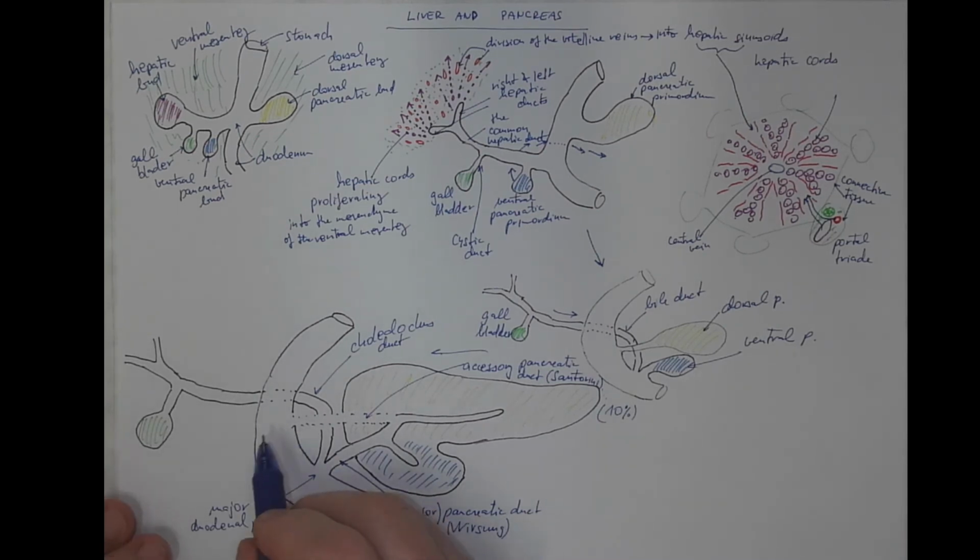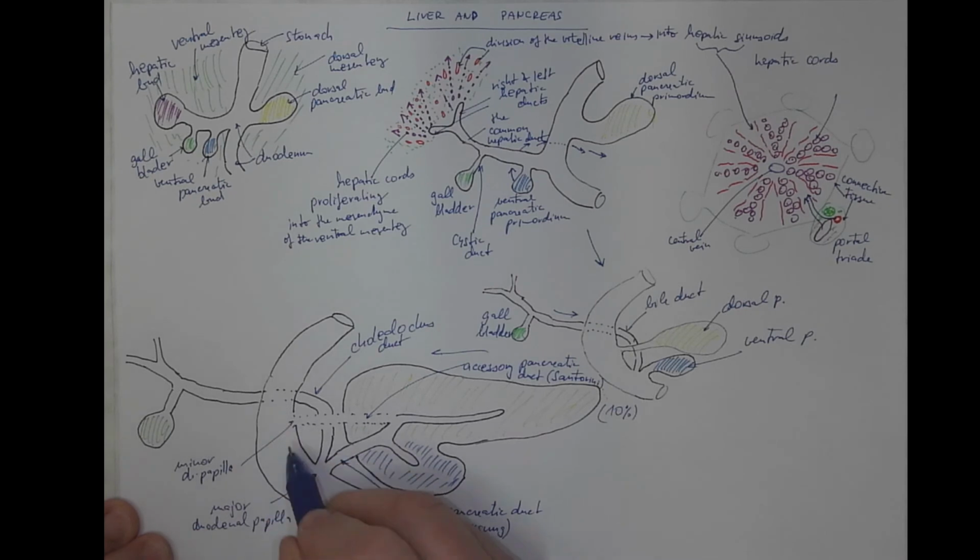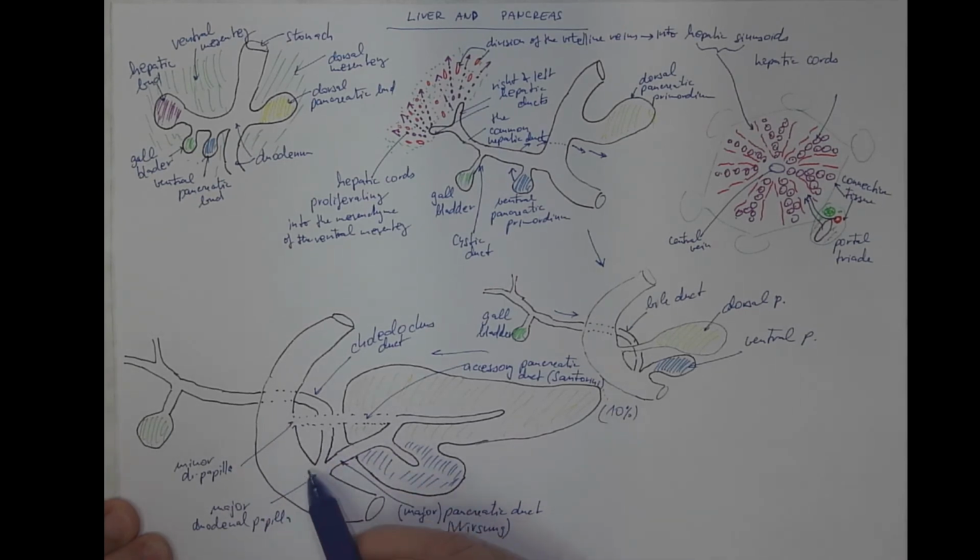When present, then it opens on the minor duodenal papilla, which in the adults is like 2 centimeters cranially to the major papilla.